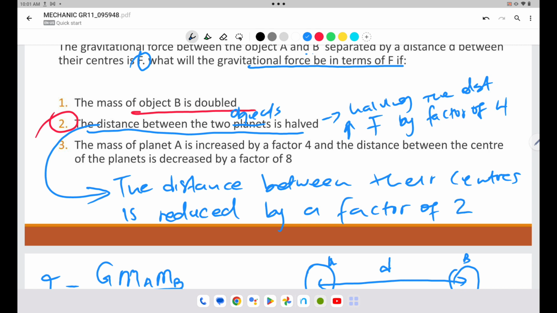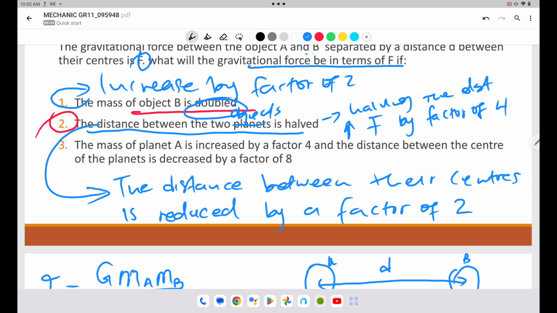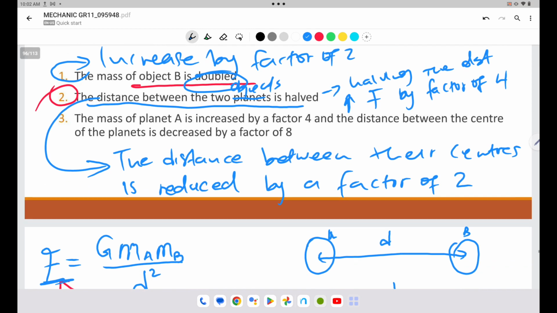And with the first one, they said doubled. When you double something, you increase it. So instead of saying doubled, they could have said increased by a factor of 2. If they increase by a certain factor, you multiply. If they decrease by that factor, then you divide by that number. I hope that is clear.